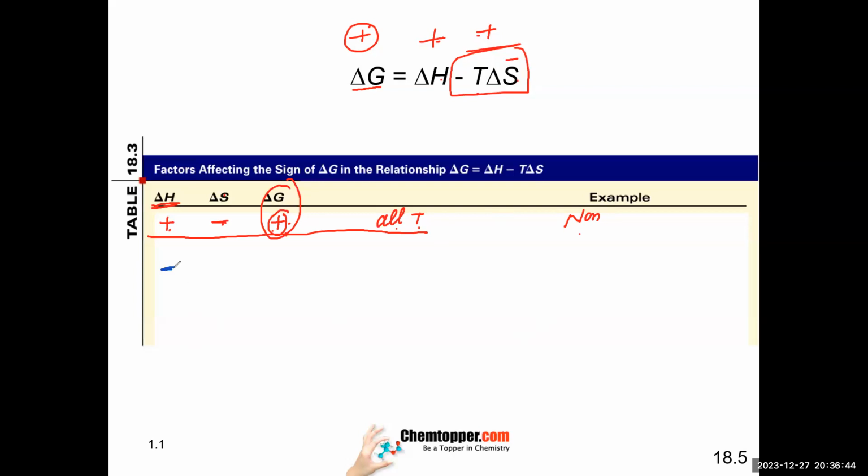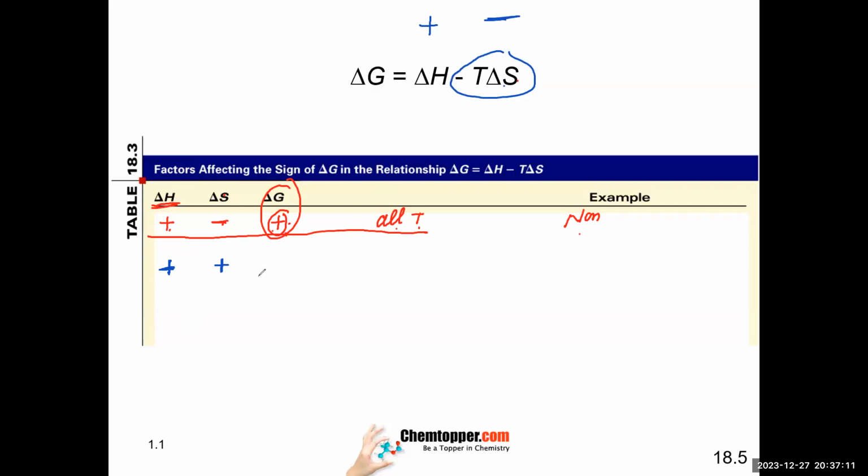Delta H is positive. Delta S is positive. Now check. So this complete number, minus T delta S, will become negative, right?